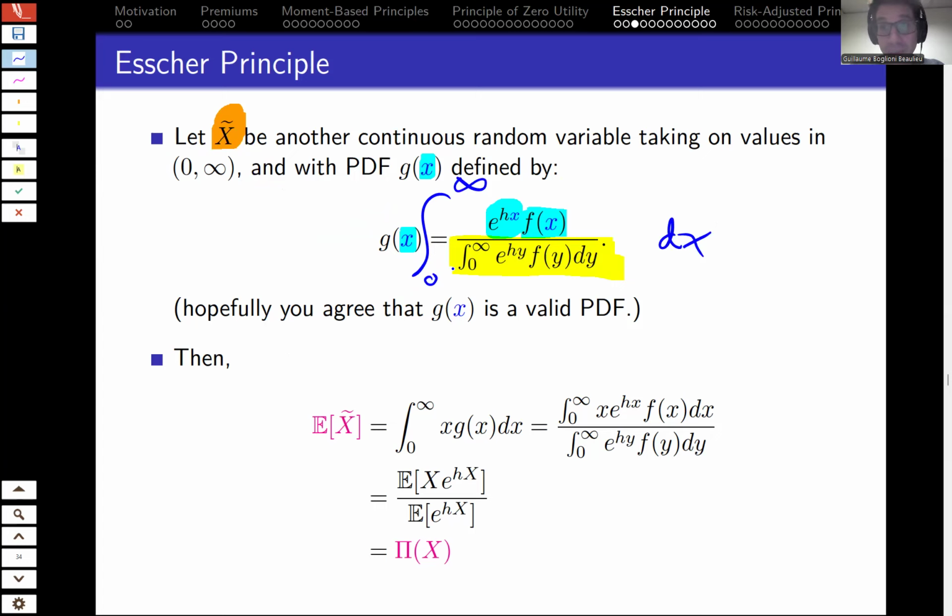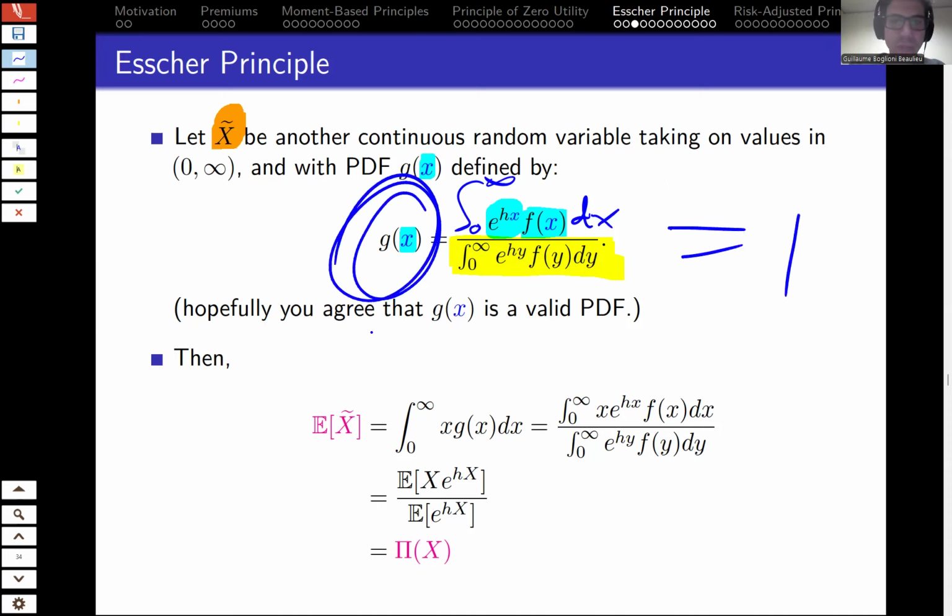But it is almost trivially the case here because, as I said, the denominator here, the yellow bit, doesn't have any x. So when you take this integral, you can just take the integral of what's on top. And then what's on top and what's on the bottom are exactly identical. So of course, this is 1. Okay, this shows that g(x) is a valid density.